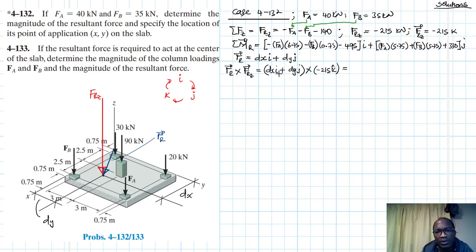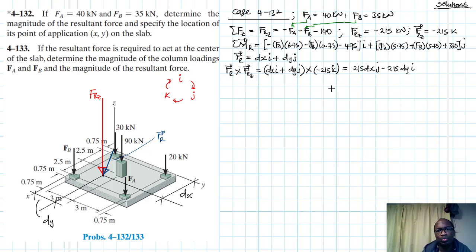I cross k is minus j, so a minus and minus becomes positive, so that becomes a 215 dx j, and then j cross k is just I, so it's minus 215 dy I.